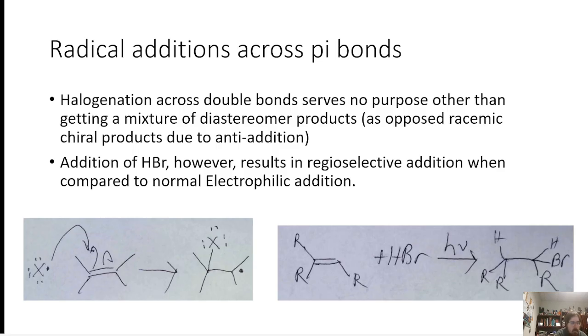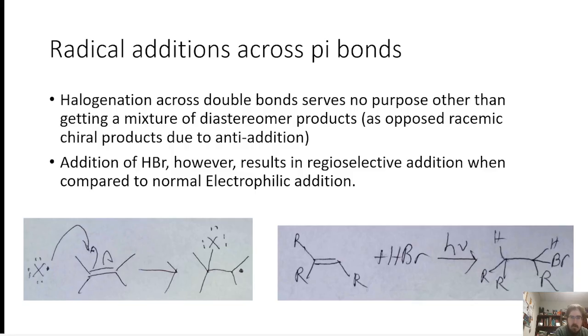Now, the last type of reaction is radical additions across the pi bond. Halogenation across a double bond serves no purpose other than getting a mixture of diastereomers, as opposed to the racemic chiral products that we get in anti-addition.